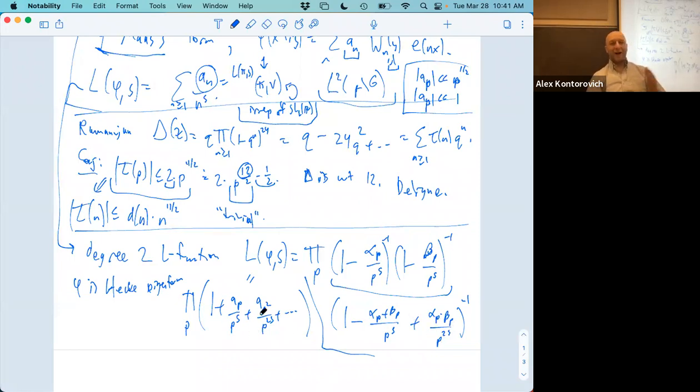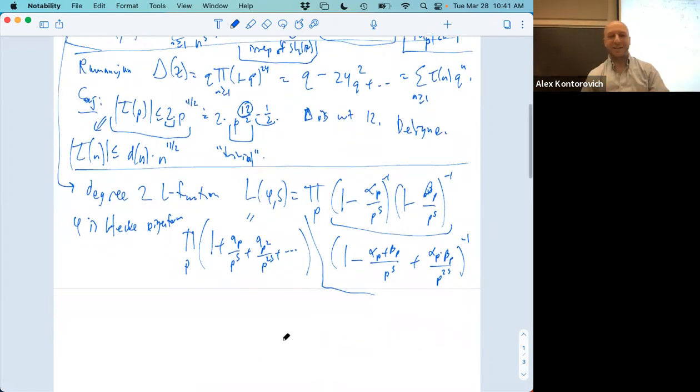There's the Hecke operators at non-prime places. Well, what do I want to say? It will turn out that a p is a sum, alpha p plus beta p, and that alpha p times beta p in this normalization is 1.